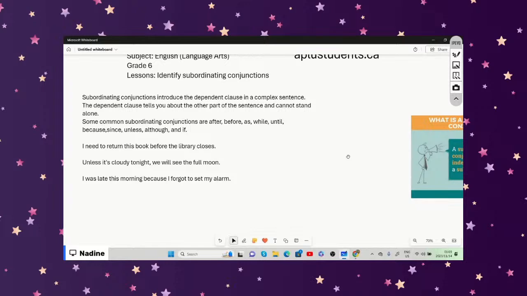So if we look at our three examples, right? It says, I need to return these books before the library closes. And just a sort of hint, right? With our subordinating conjunctions, our subordinating conjunction is usually at the beginning of our dependent clause. So it's the start of the dependent clause.